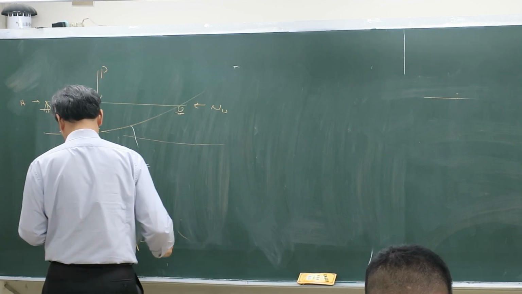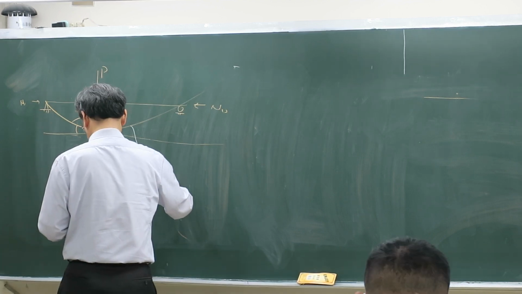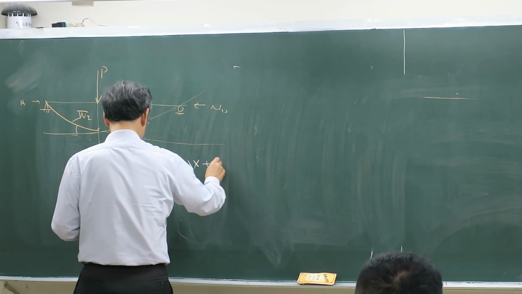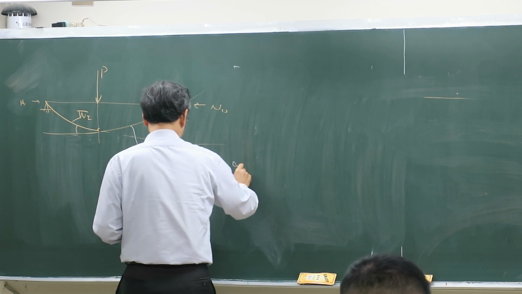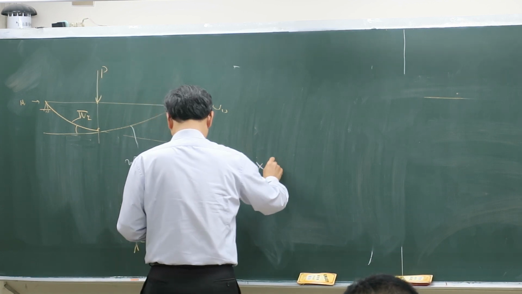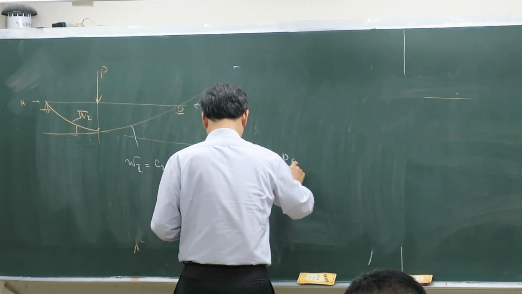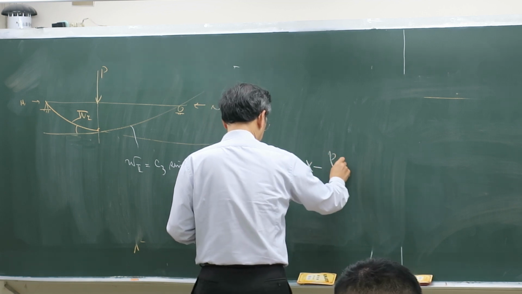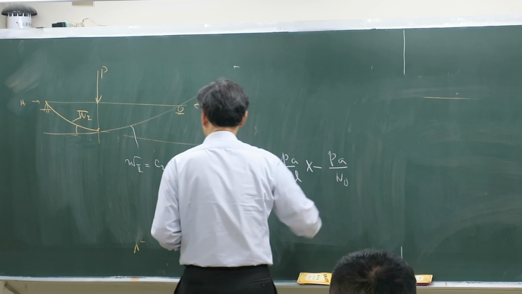W2 is C3 sine lambda x plus C4 cosine lambda x plus PA over N0 L x minus PA over N0.